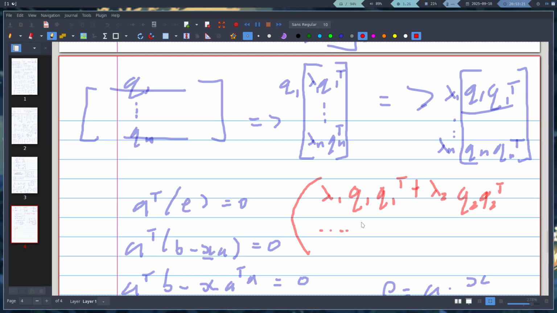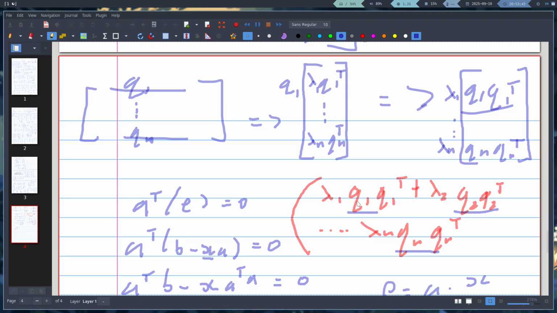All the way to lambda n qn transpose, right? So let me get a different color, put this in blue now. What is this exactly? This is a combination, right? A symmetric matrix is a combination of mutually perpendicular projection matrices.